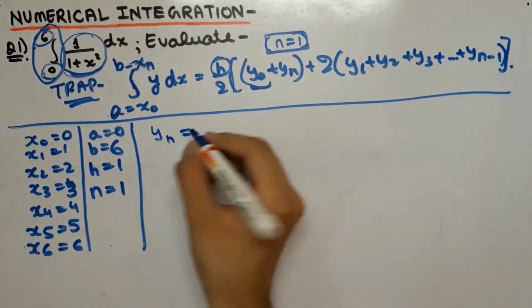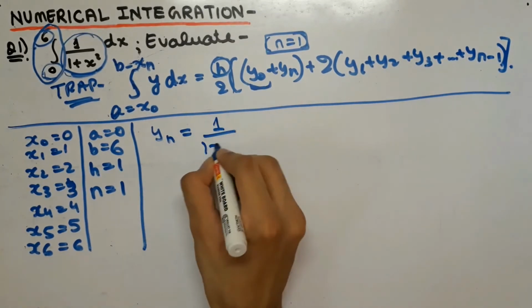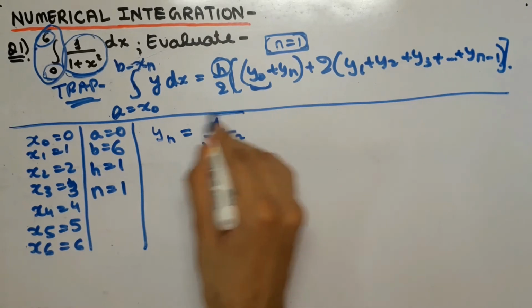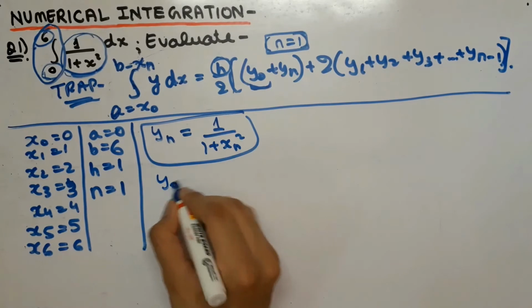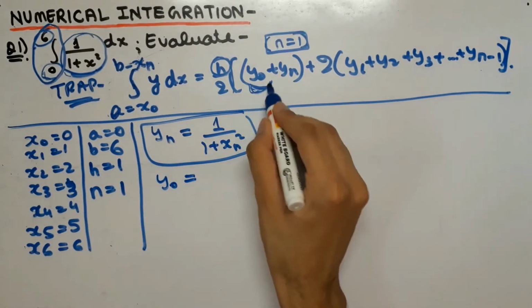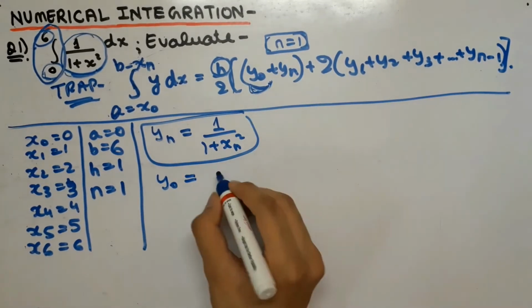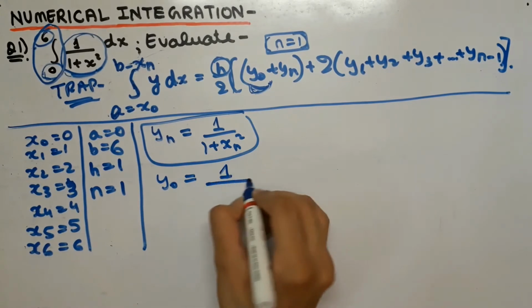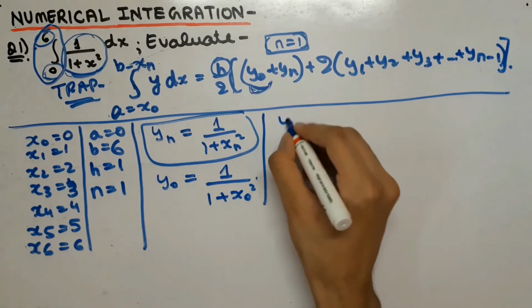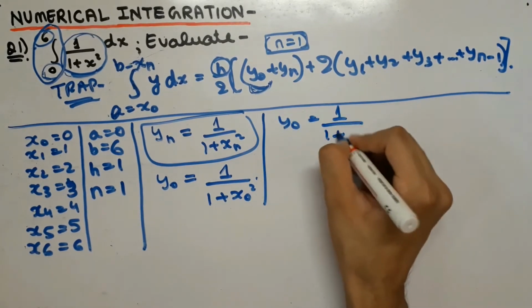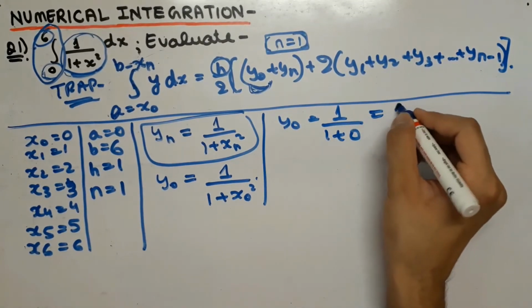We know the general formula for yn is 1 upon 1 plus xn square for this particular question. So now we are going to find the value of y0. We will put the value of x as x0 square, that is 1 upon 1 plus 0. So our value for y0 is 1.